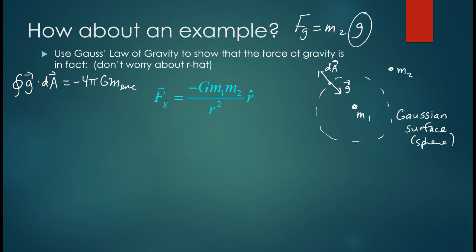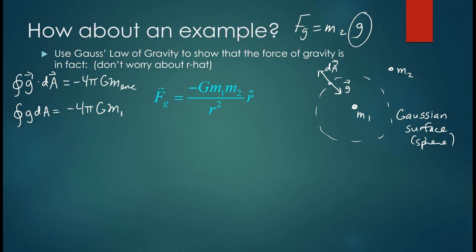So basically the integral of G dot dA is going to be equal to the surface integral of just G times dA. We can take away that dot product. And if you like, there's probably a negative sign lurking there, but I'm just going to leave that for now. And that's equal to 4 pi times big G times the mass enclosed by this Gaussian surface, which is just M1. M2 is not inside of that surface.